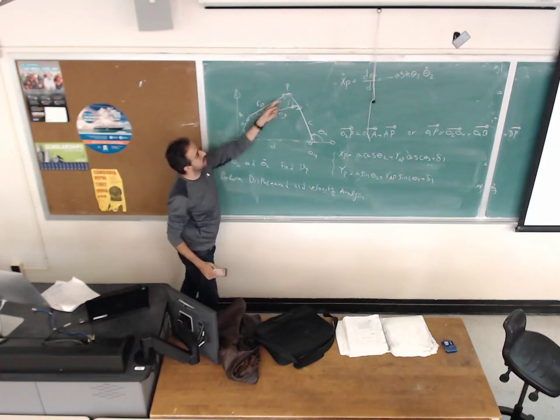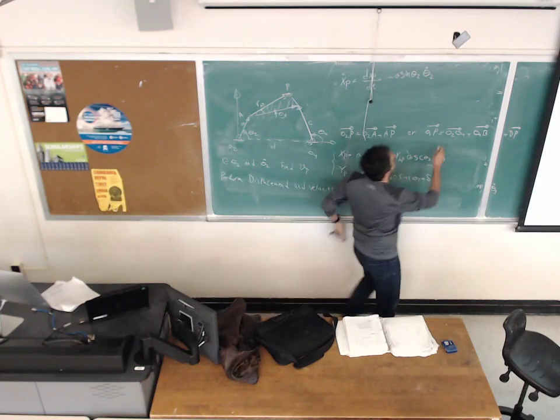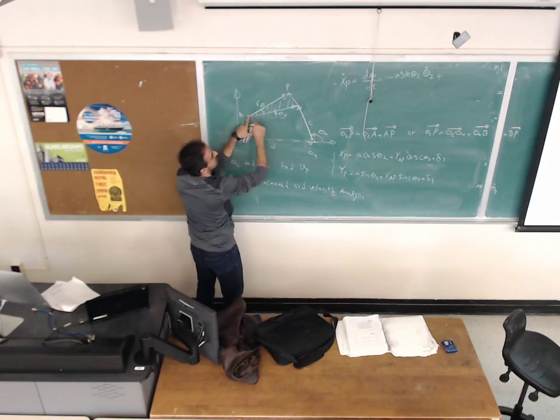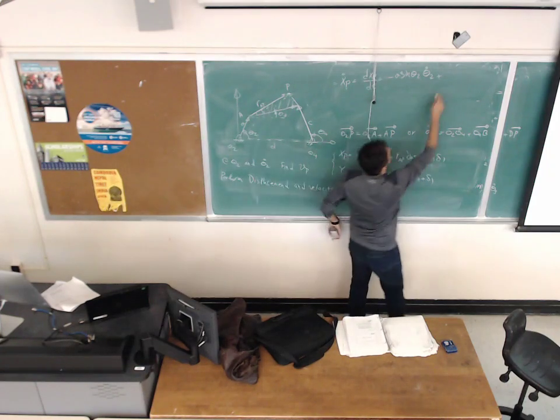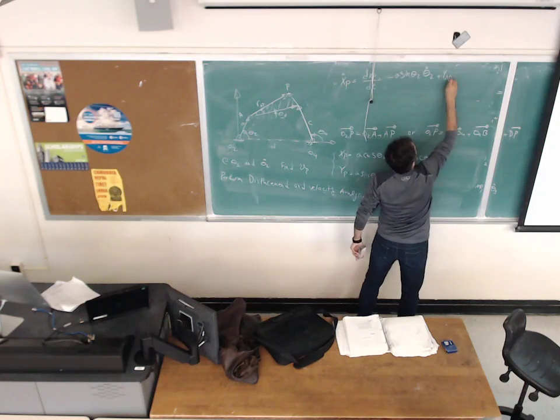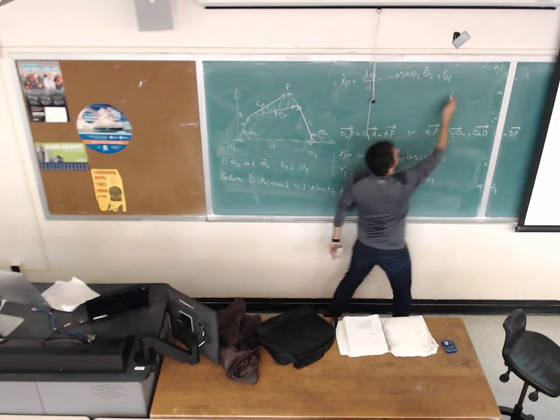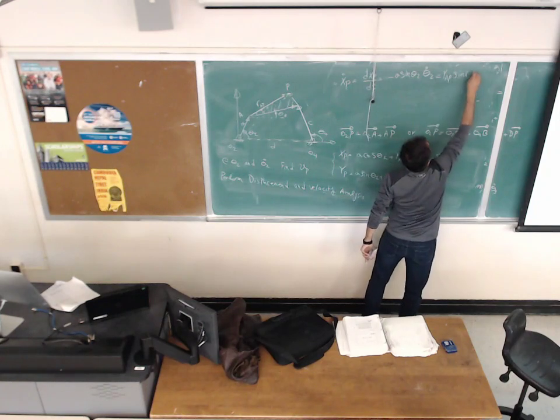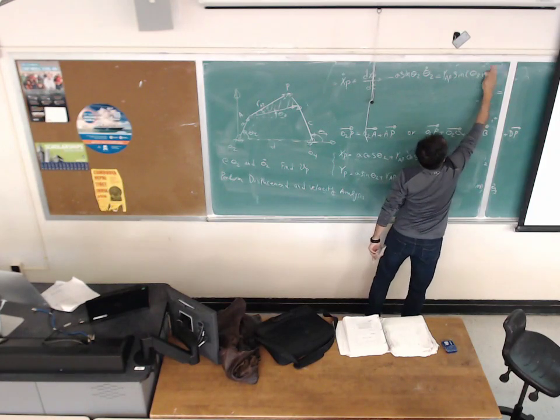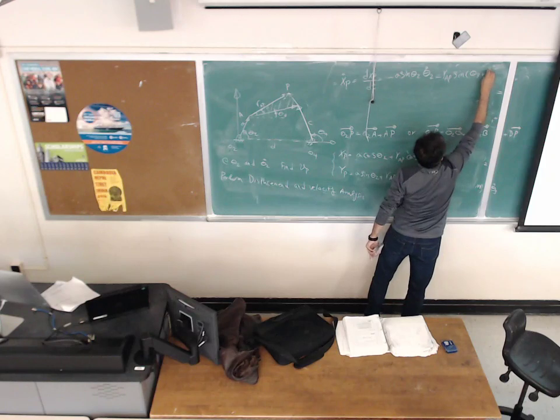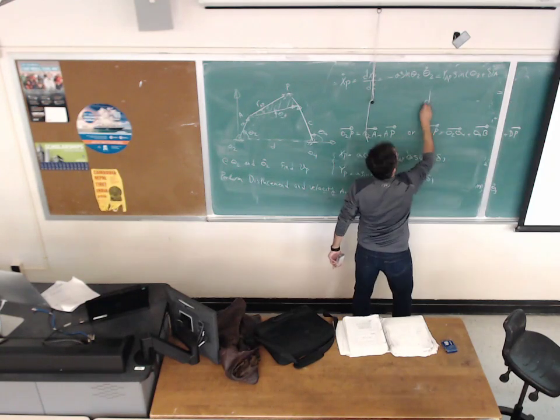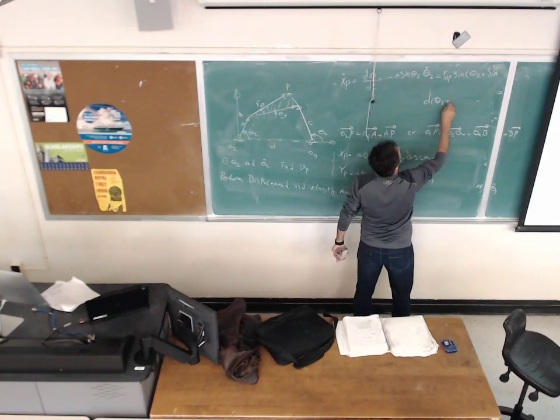The length of this link is not changing with time, so it comes out of the derivative. The derivative of this is negative sine of theta 3 plus delta, multiplied by the derivative of theta 3 plus delta with respect to time.